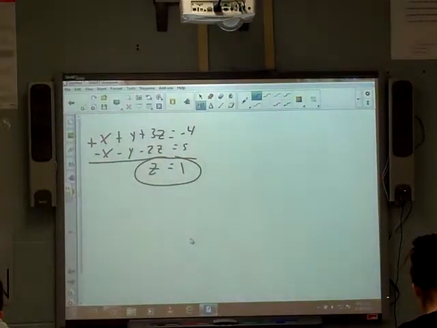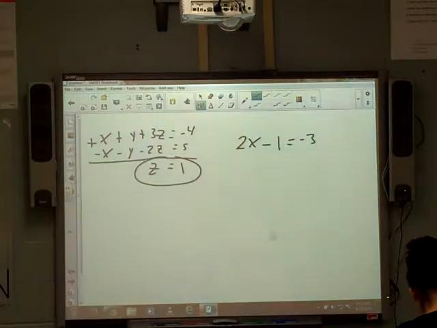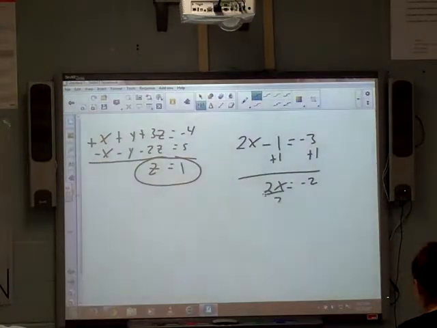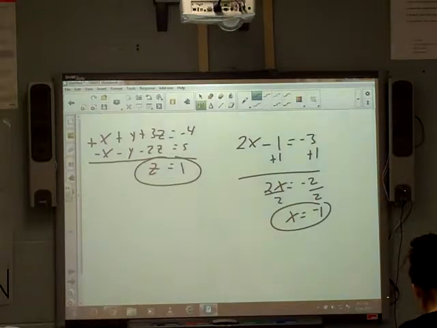So I'm going to say 2x minus 1, because my z is 1, is equal to negative 3. So we would add that 1. 2x is negative 2, so x is negative 1. Everybody okay so far on that?